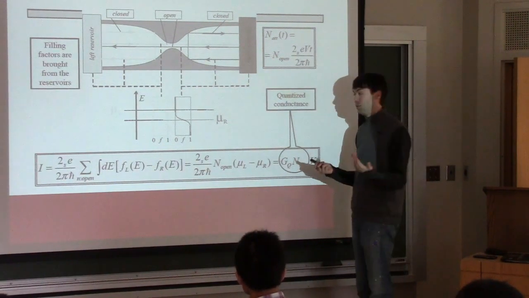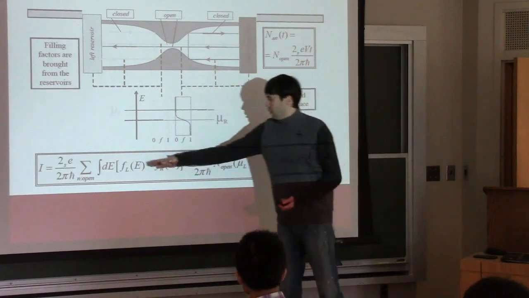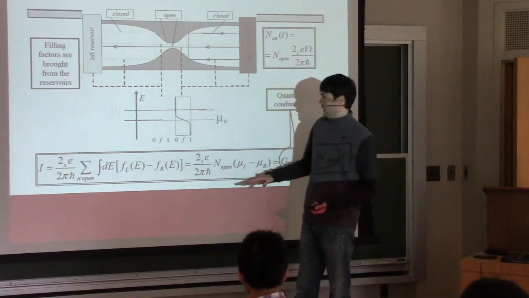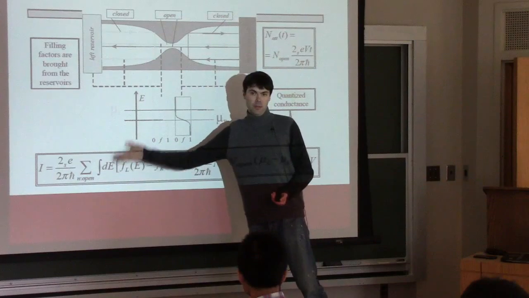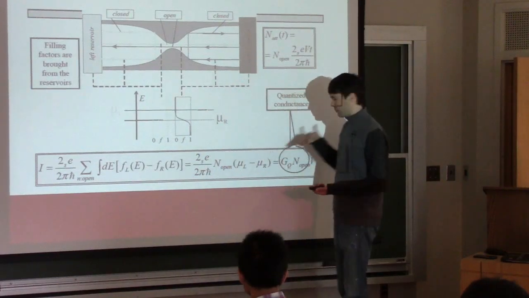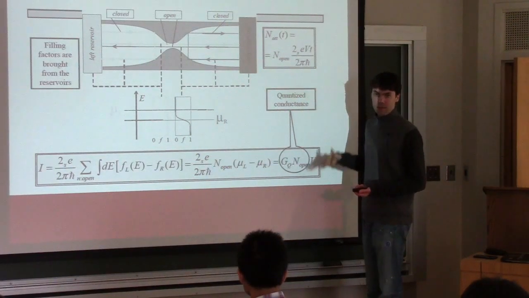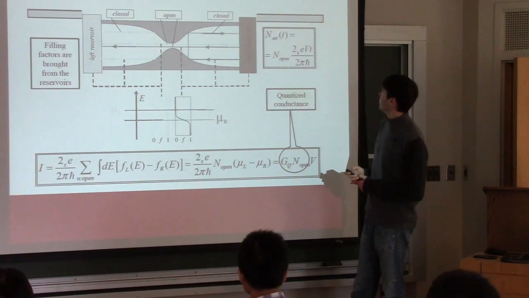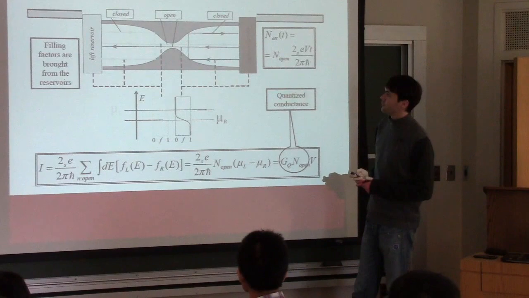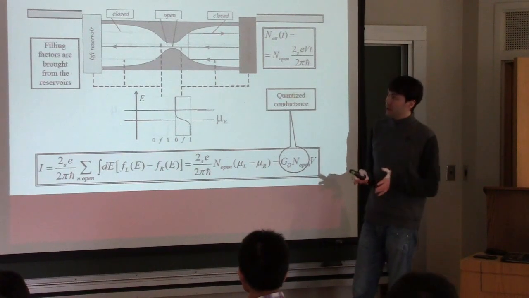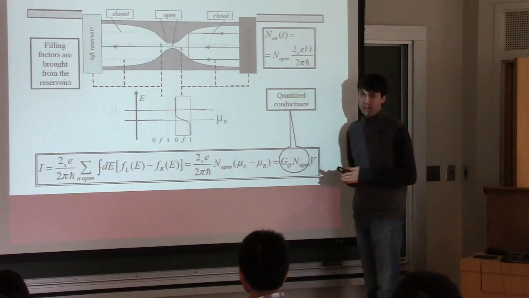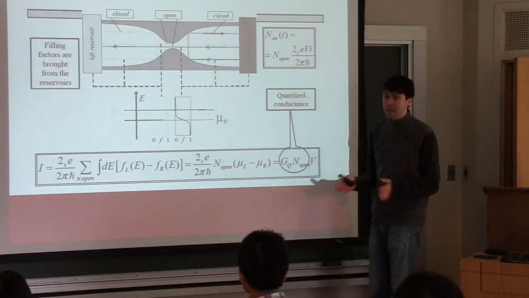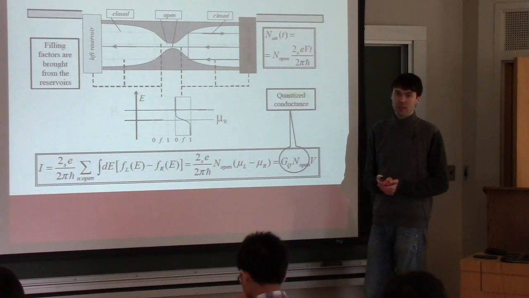It's easier than thinking about, I don't know, Fermi distributions on the left and on the right, and integrating over the chemical potentials. Just count the channels and multiply by voltage. Well, it turns out that we can generalize this idea to many, many examples of quantum transport.